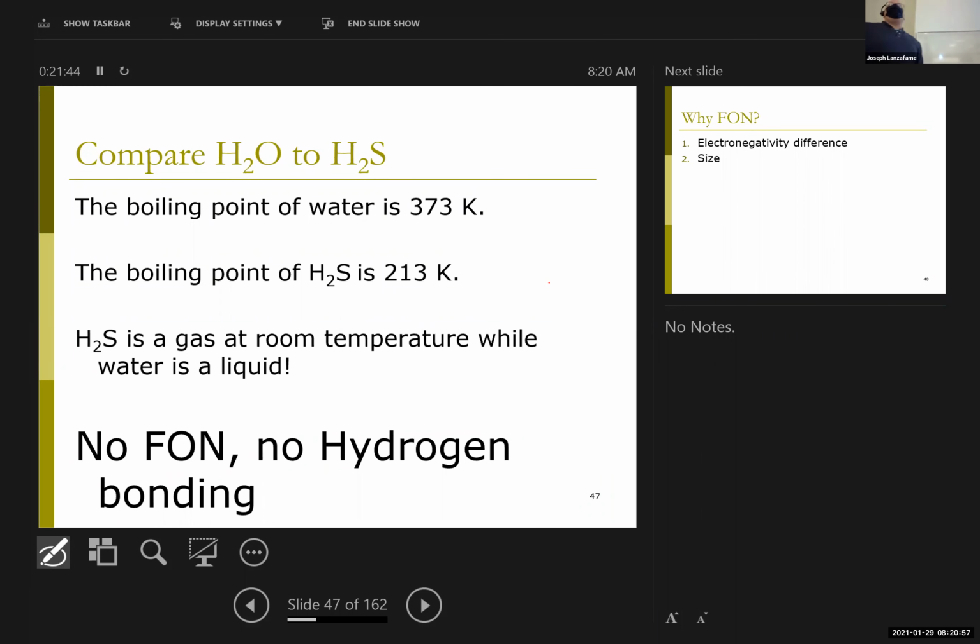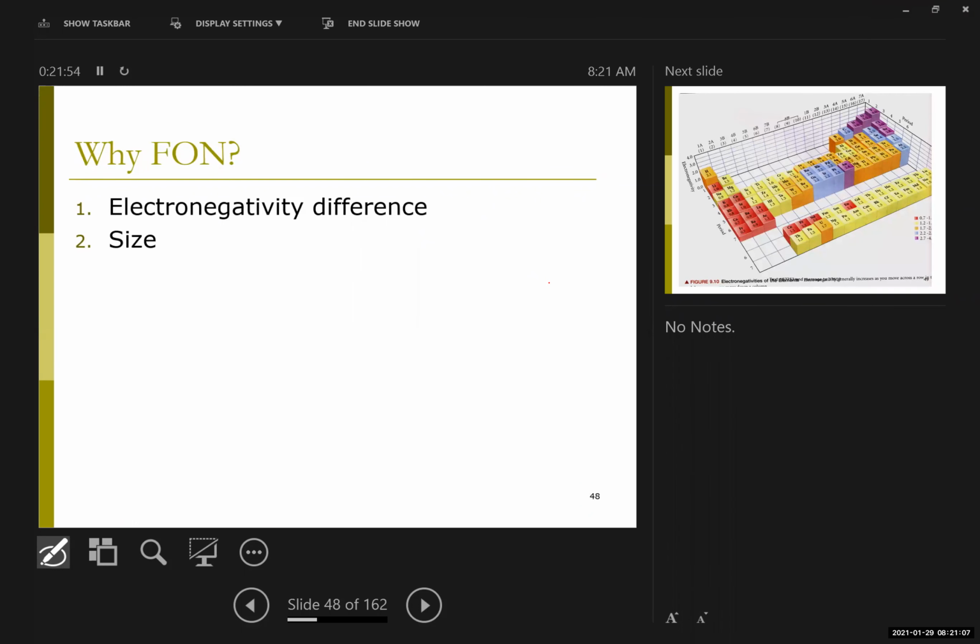I'm not a big fan of that phrase, but it actually has a naturally high boiling point because, hey, it hydrogen bonds. But again, it's an electronegativity difference that makes it polar, but it's the size difference that really maximizes the polarity.